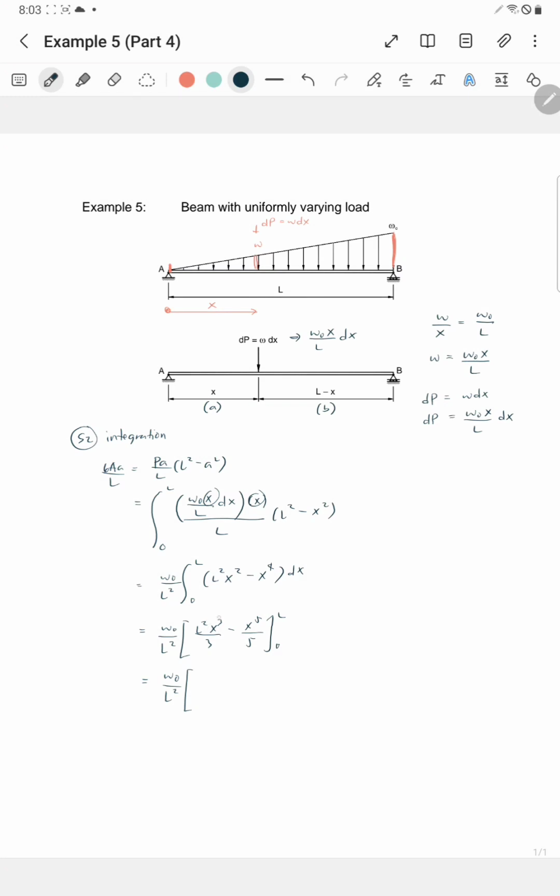So L squared, L cubed is L raised to 5, then over 3, then minus L raised to 5 over 5. Then simplify. We have 2 over 15 WO L cubed. So yan na yung formula.